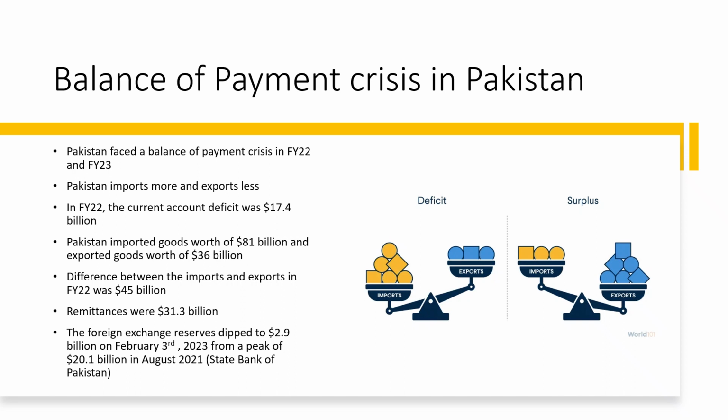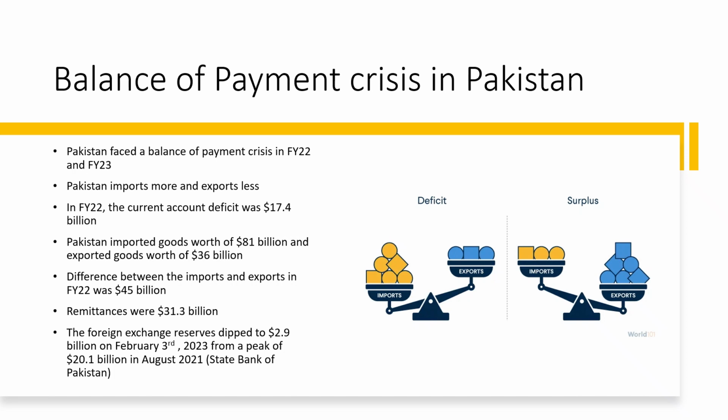So why am I saying that the current account deficit was $17.4 billion? Because the remittances were $31.3 billion. We received remittances worth $31.3 billion, and these remittances reduced the current account deficit to $17.4 billion.